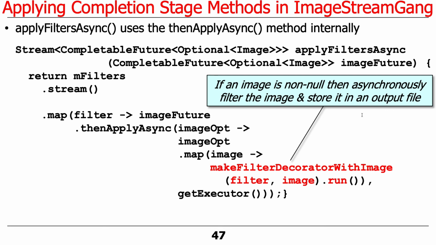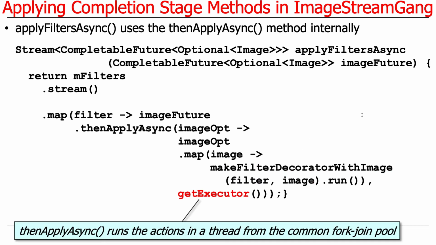And for each filter image combo, we're going to go ahead and filter and store that image in the file system. That's what this logic is doing right here. And that will then run in the common fork join pool. So keep in mind that this code is going to run when the image has finished downloading, and it will asynchronously apply the filter, transform the image, and store the result into the file system.